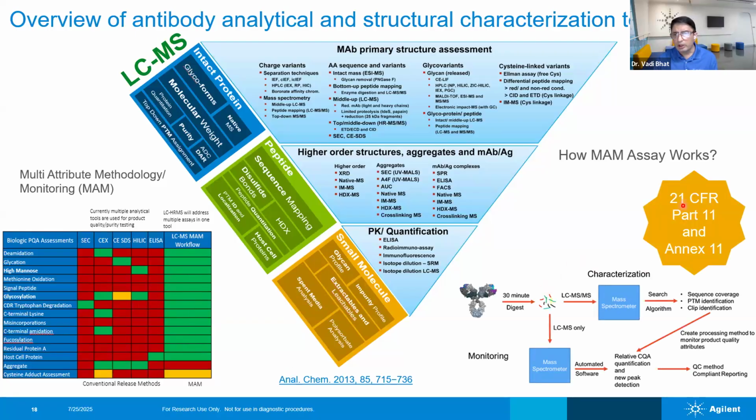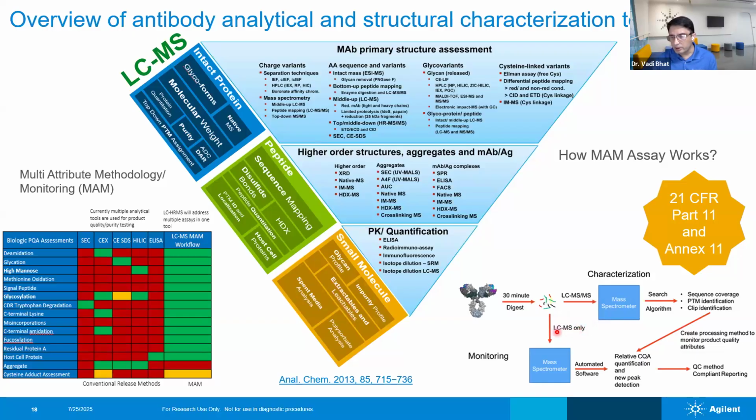Now, what are multi-attribute methods? Essentially, you develop mass spectrometry based characterization methods in the R&D lab. This is essentially R&D work. Once you have that, you can create a database and then establish monitoring methods.